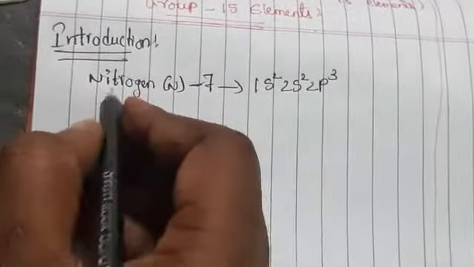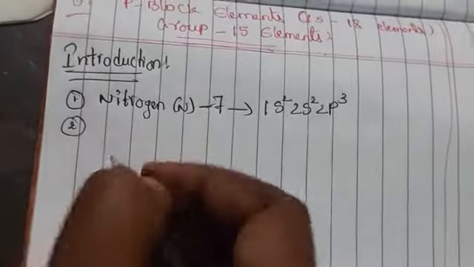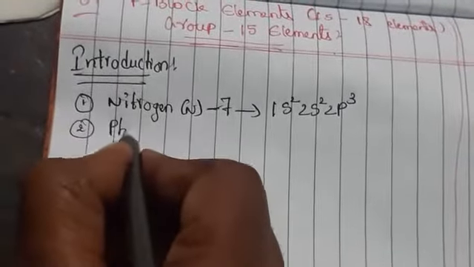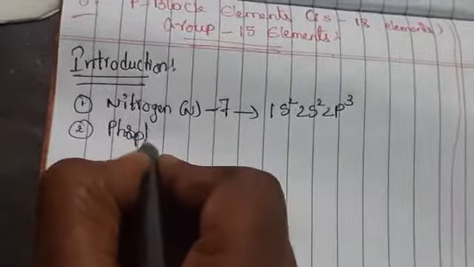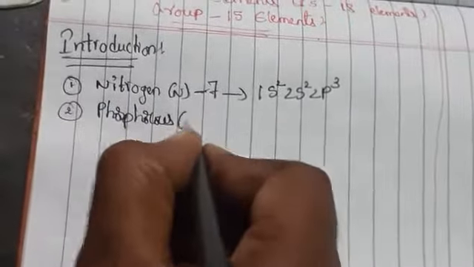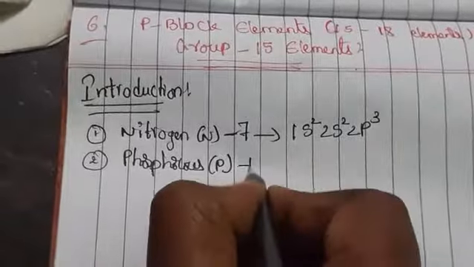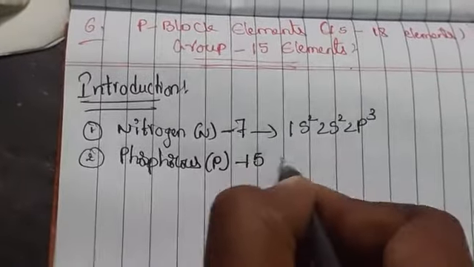And the next element in group 15 is phosphorus. The phosphorus symbol is P. What is its atomic number? Phosphorus atomic number is 15.